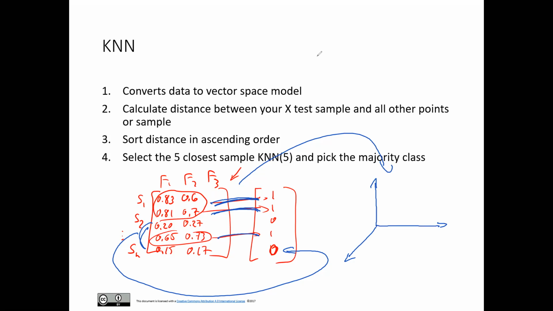Okay, so we have F1, F2, F3. In the vector space, sample 1 is going to be 0.83 and 0.6. Actually, we didn't use F3, so I'm just going to leave that out. To make this simpler for me, let me make it two-dimensional. Two-dimensional will be easier for me to plot.